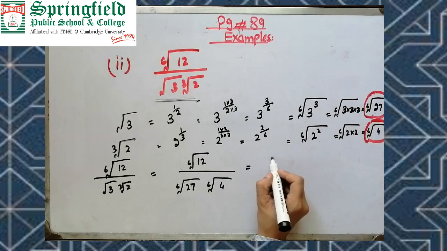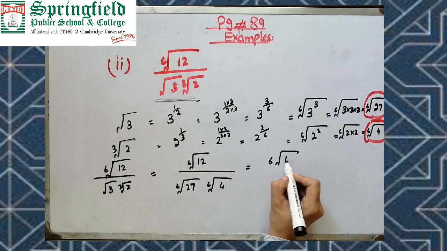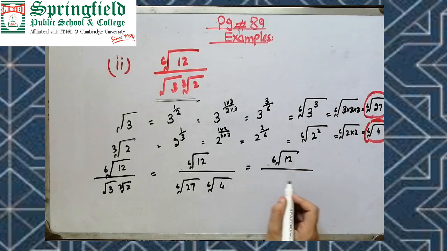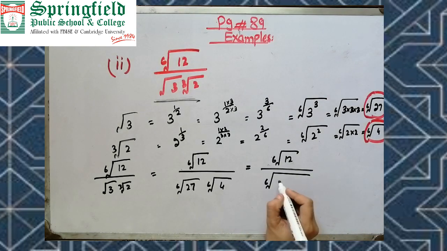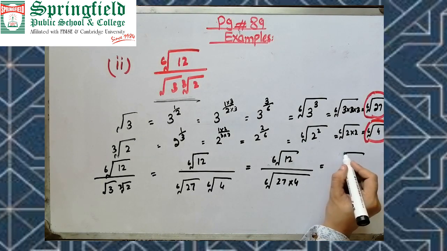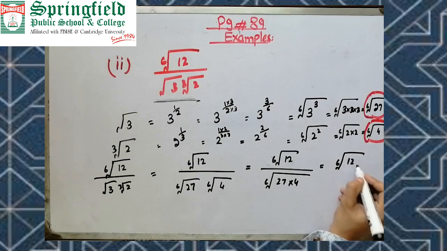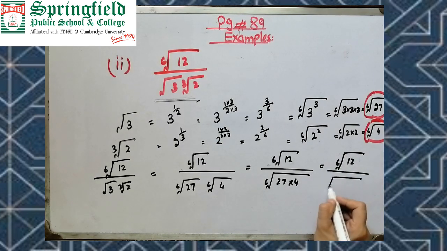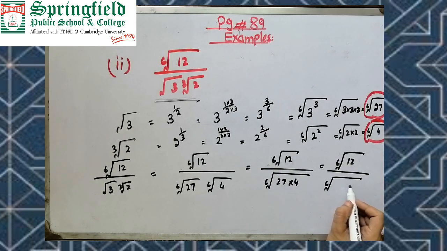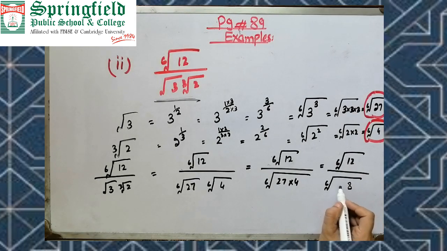So according to property, it can be written in one root. So 27 multiply 4. 4 sevens are 28, 2. 4 twos are 8 and 2 is 10. 108.